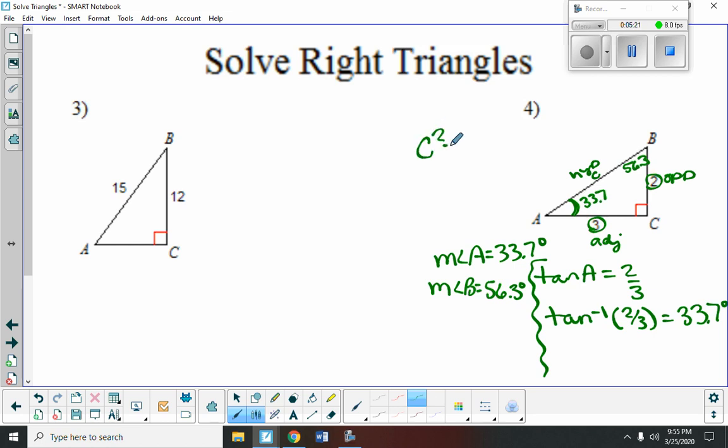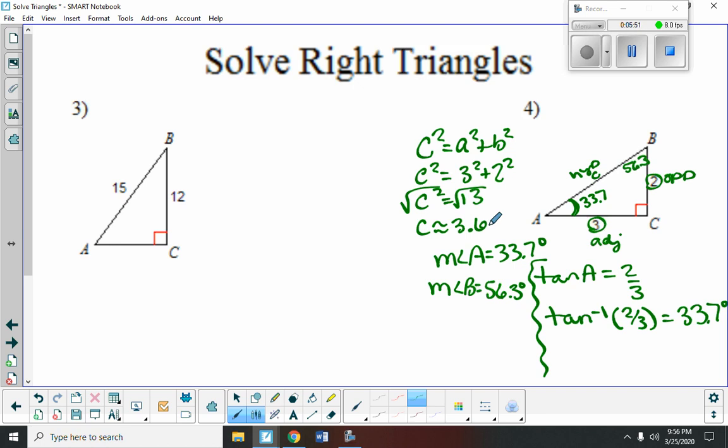So c squared equals a squared plus b squared. C squared equals 3 squared plus 2 squared, the legs. So that would be 9 plus 4, which is 13. And if we take the square root of both sides, square root of 13 is 3.6. And there you have your third length.